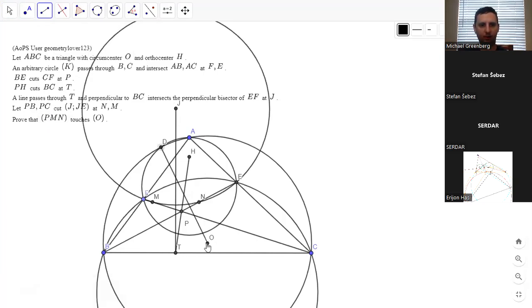So maybe we could do something with Hermaphrodites. First we want to show PMDN is cyclic, and then we want to show it's tangent.